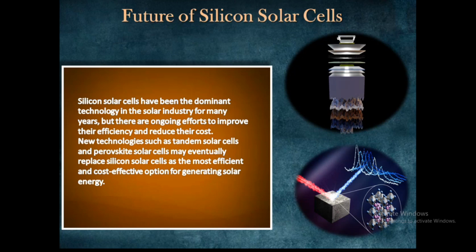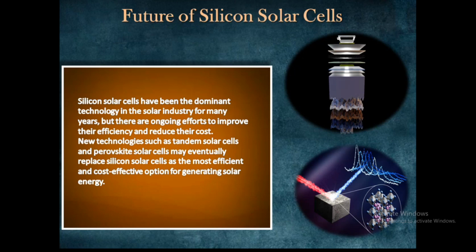In industry it has a wide range of usage, but there are ongoing efforts to improve their efficiency and reduce their cost. As we see, monocrystalline cells are very efficient but costly to produce, so they are improving efficiency and reducing cost.